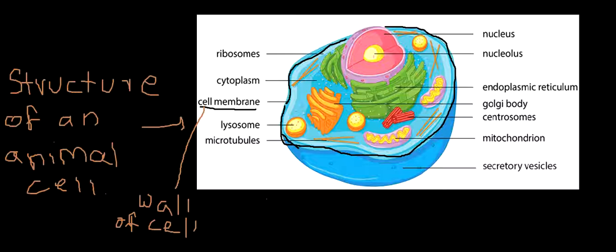Then next is the cytoplasm. As we are comparing the cell with the village, the cytoplasm could act as the sand or the earth or the ground of the village on which everything is constructed. You cannot say it is a totally liquid structure, but it's a jelly-like substance.